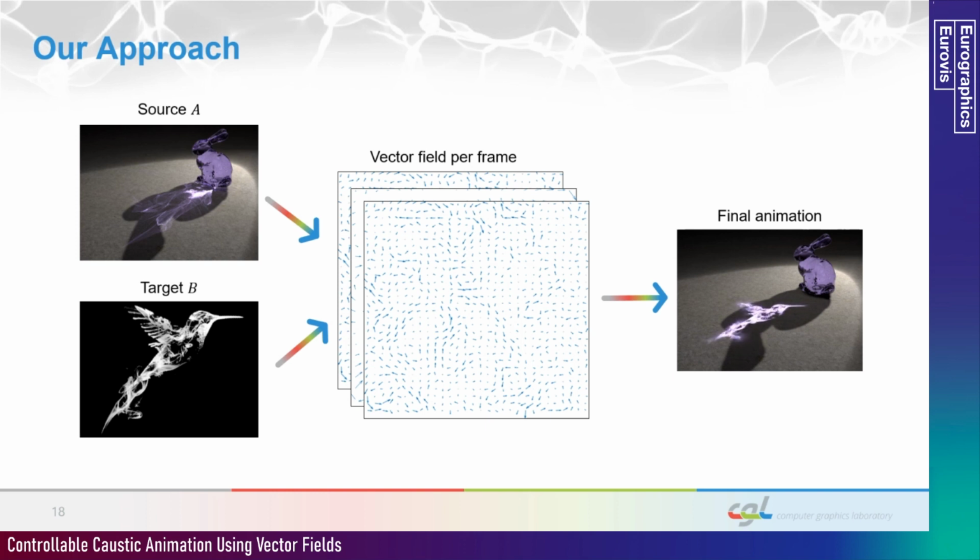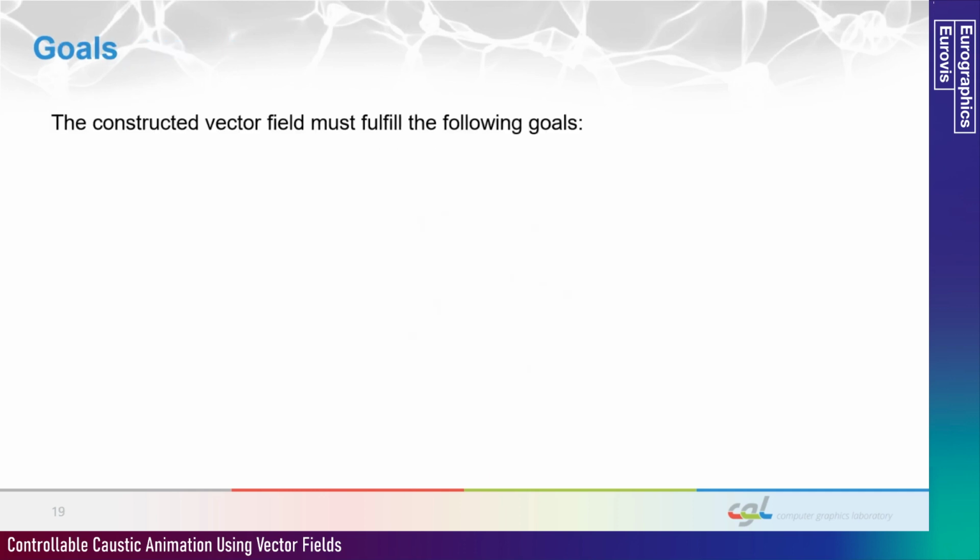This means that the flow changes through time, and thus we solve the problem at each time step. We want to compute a smooth transition animation from a source caustic to a target image that is controllable by the user. For this purpose, we construct a vector field with the following goals.